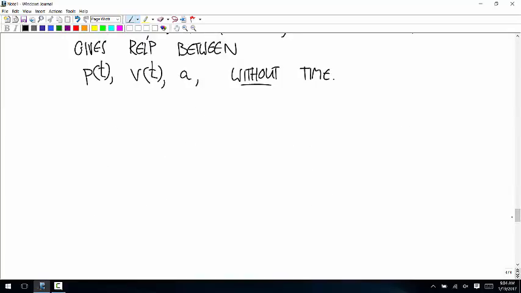So what we're going to do is solve for time using the simpler of those two equations. We have that v as a function of time is equal to v0 plus at. So we'll solve for time here. So time is equal to velocity as a function of time minus v0 over a. And then we'll plug that into the position function.